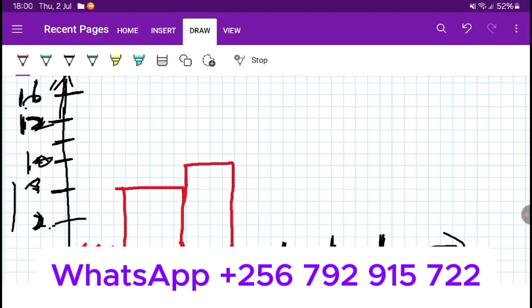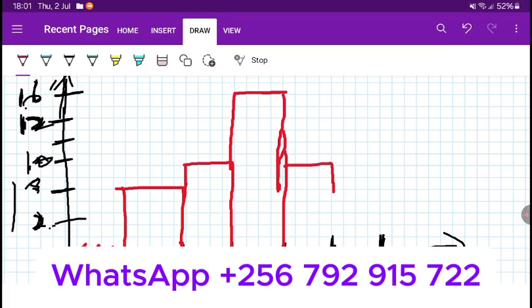The next one is 16. The other one is 10. Then lastly is 5. Let's assume 5 is around there. And you are done. Of course, let me first make this one straight.